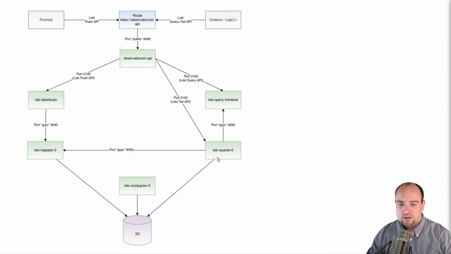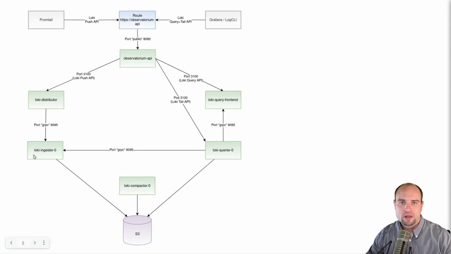Observatorium will deploy these components with a memory limit of 200 megabytes, which is easily exceeded. So in the case that Loki querier or Loki ingester exceed their memory limit, then the pod will get restarted. So if you are seeing your pods restarting, then make sure you add more replicas so that the load spreads across all the replicas and each individual replica will not run out of memory.